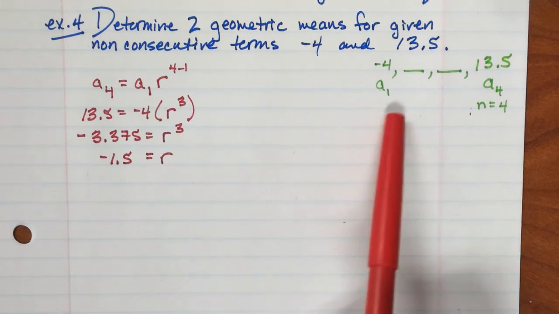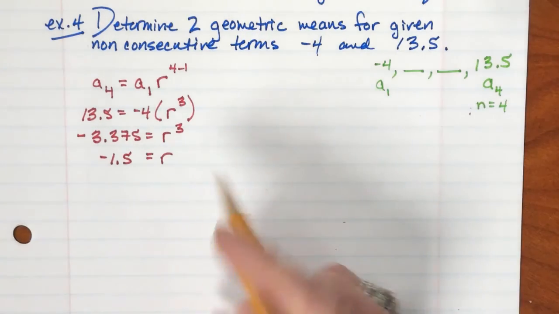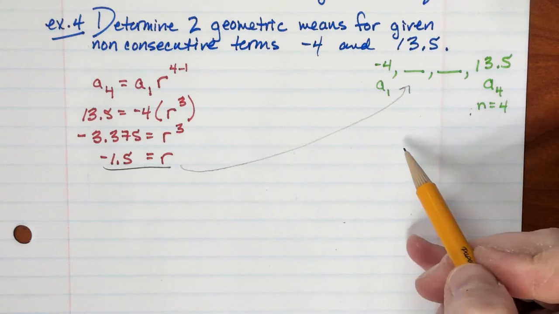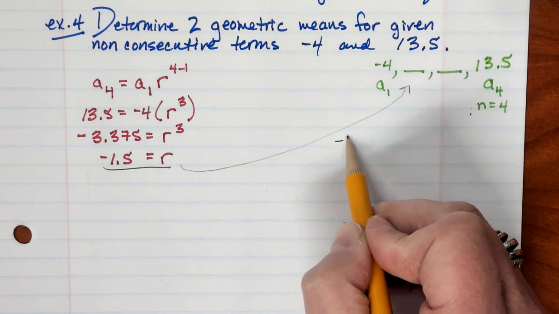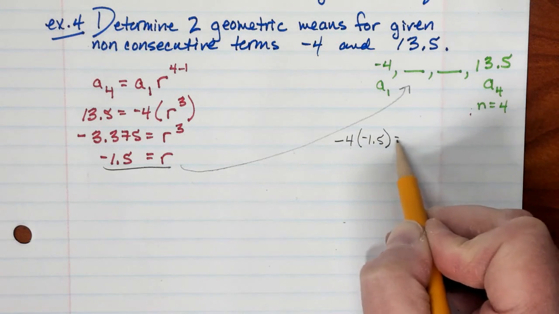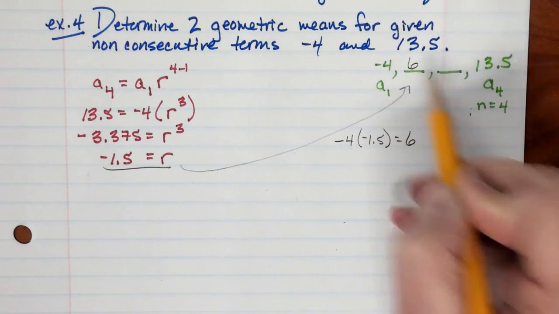Great, now I know what r is. You come back over here and you can just figure out what the next term is. That next term is going to be -4 times -1.5. That equals 6.